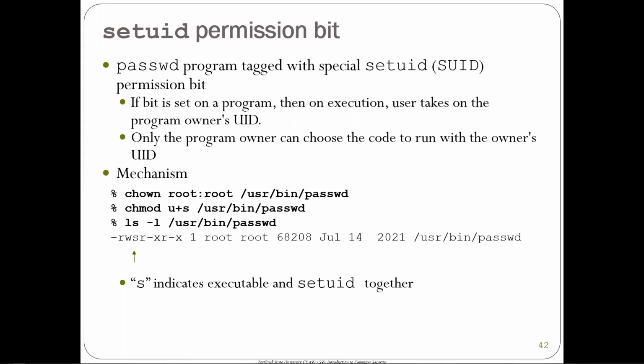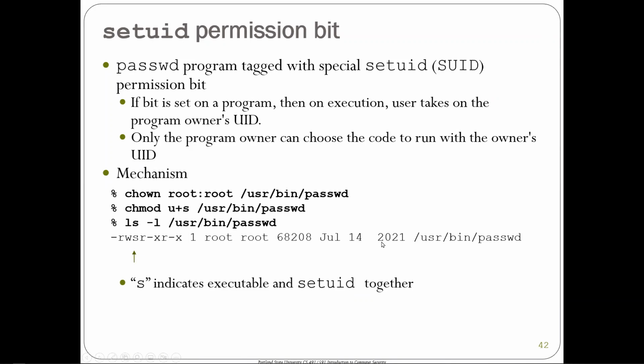You notice that the t replaced the little x. So any of these bits, they overload these positions with the labeling. A small s indicates it's executable and set UID. And if you look at the permission bits, anyone can read and execute this program. Group and other readable and executable means everyone on the system can execute.